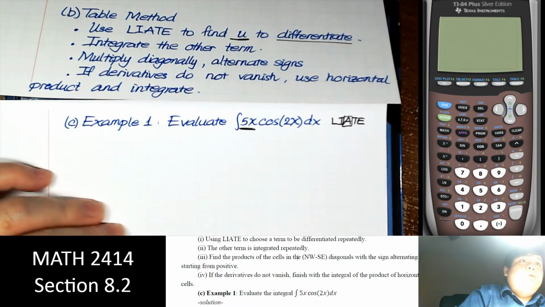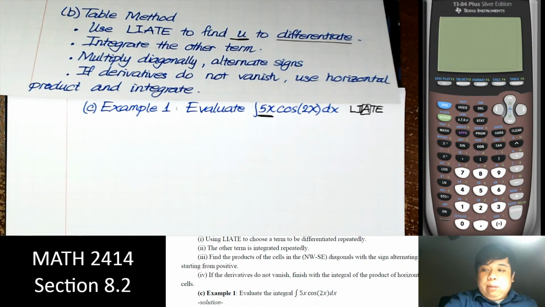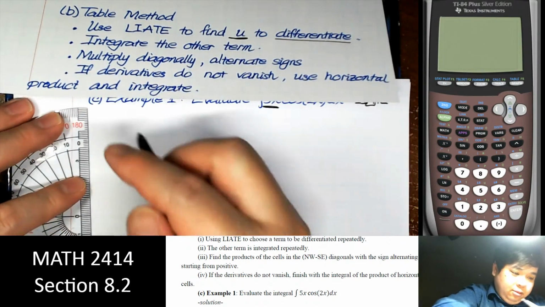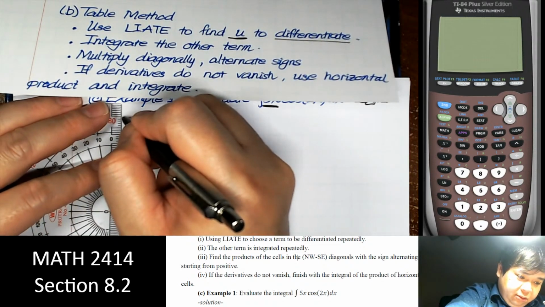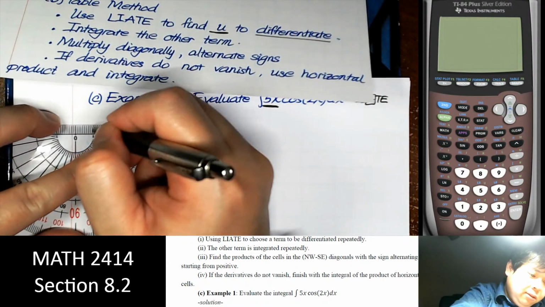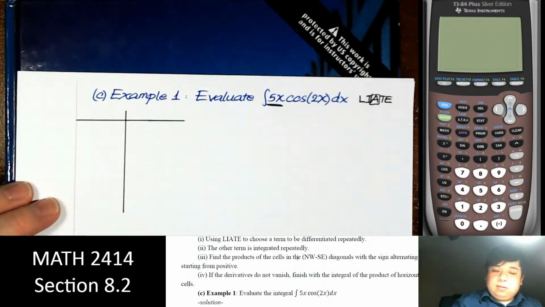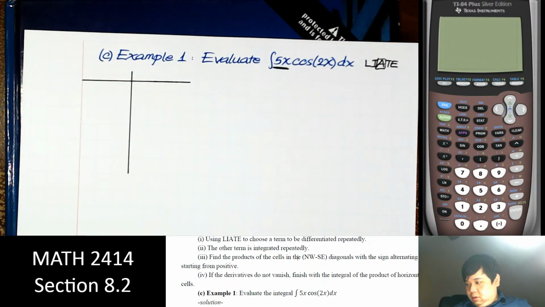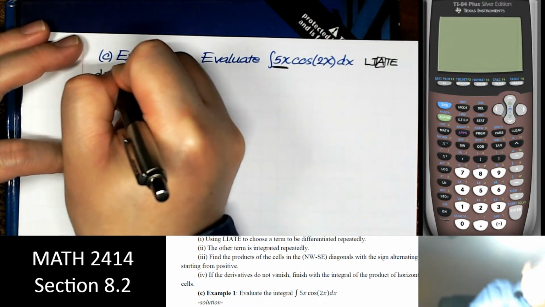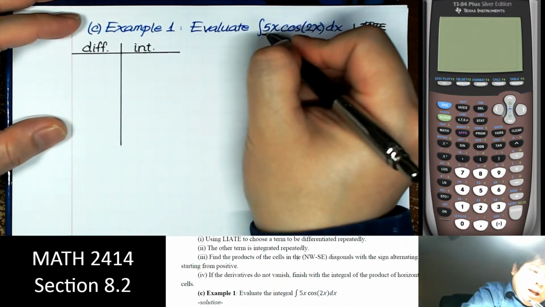So that is going to be the term that we differentiate. So this is called the table method. So we have to make a table. Right. So we find something to be differentiated, and the other term will be integrated.